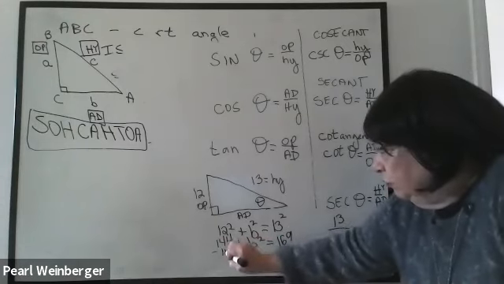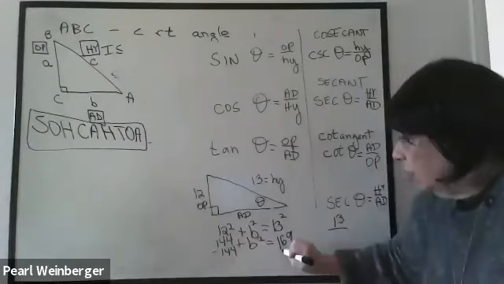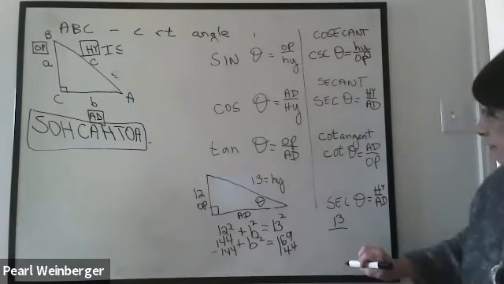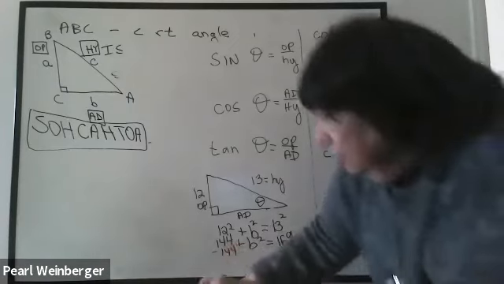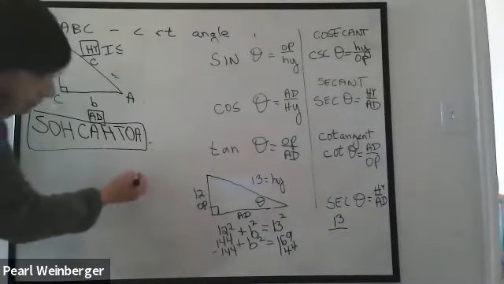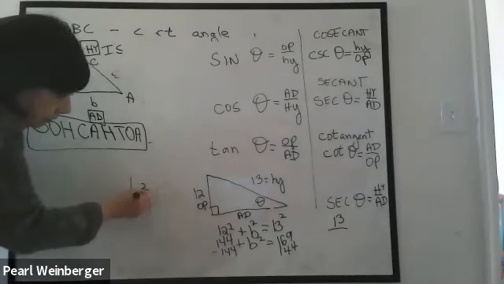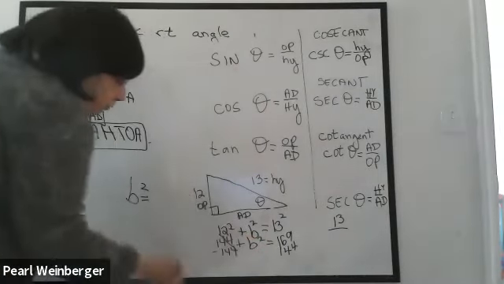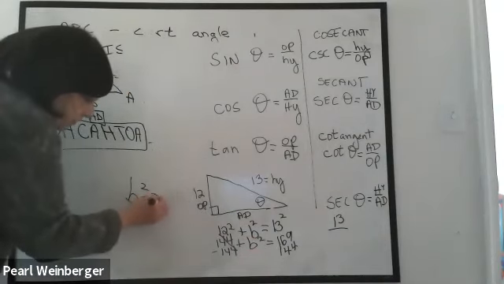Subtract 144 from both sides. That'll give me, let's go over here so we have some space, b squared equals 169 minus 144, which is 25.